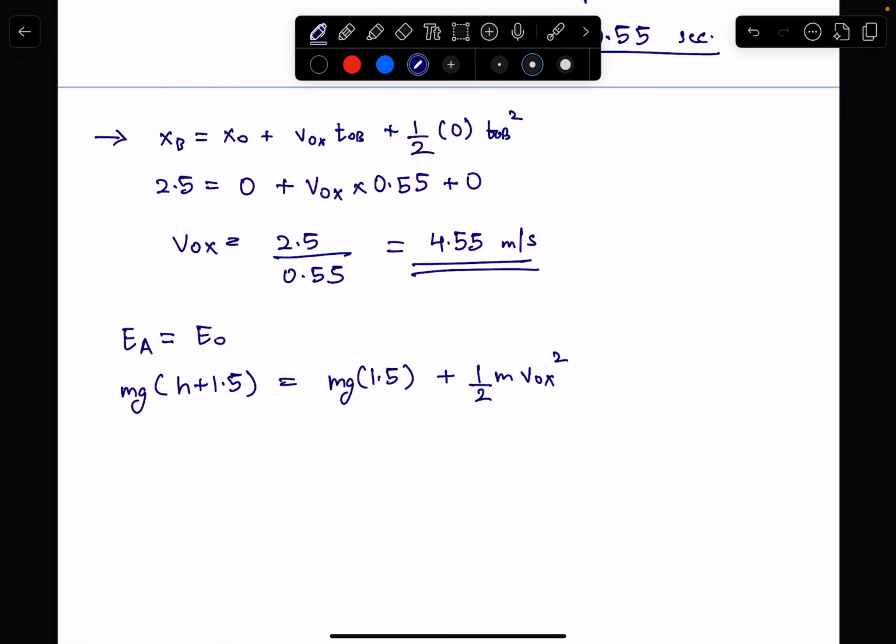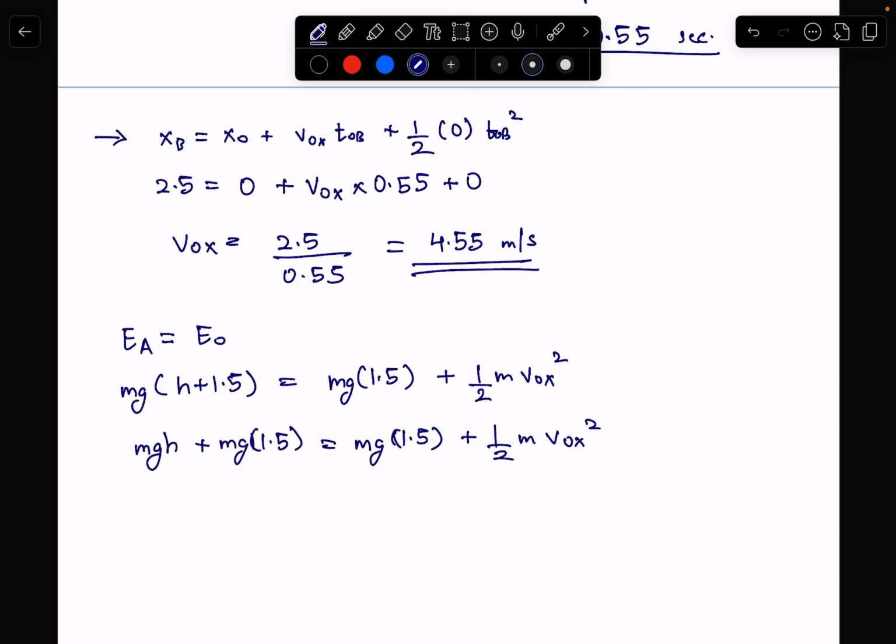I won't put the values in right away, but what I will do is I'll split this up into mgh multiplied by 1.5. mgh multiplied by 1.5 is common on both sides, so it gets cancelled.